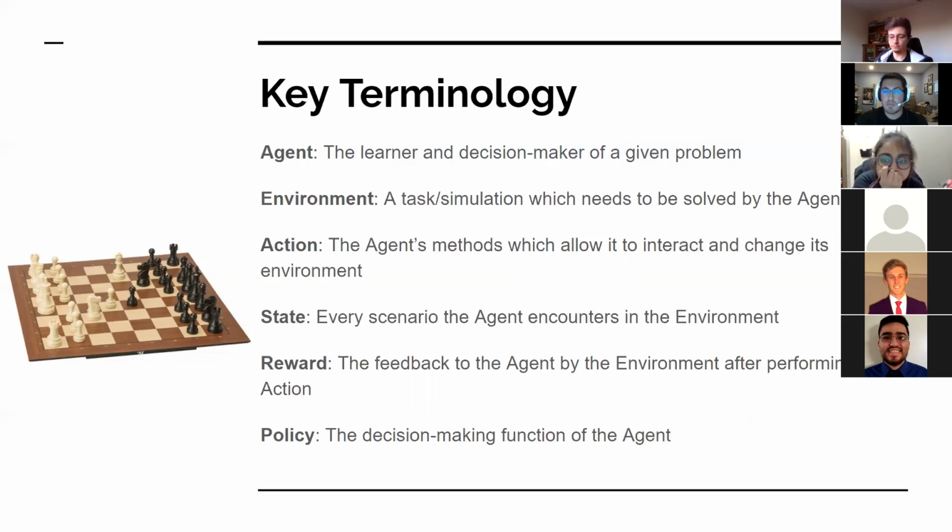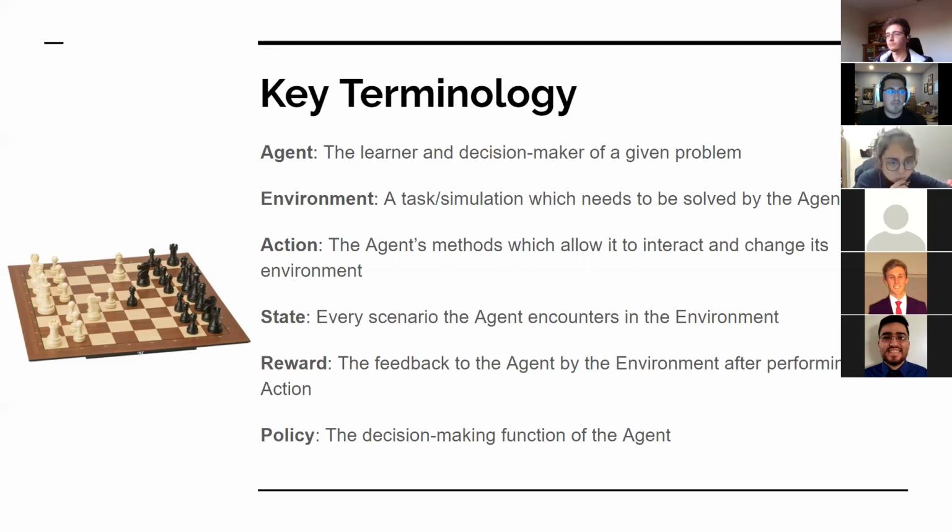The environment in that case is the chessboard with all the chess pieces. It's the task at hand that the agent is trying to solve.